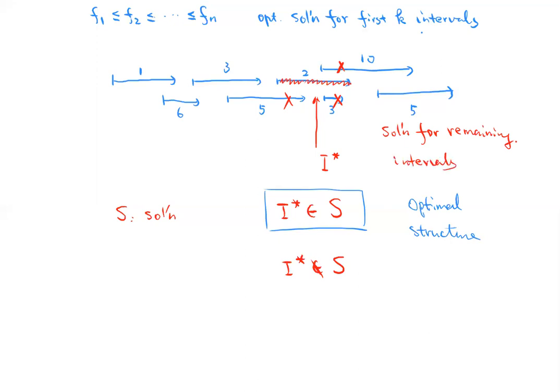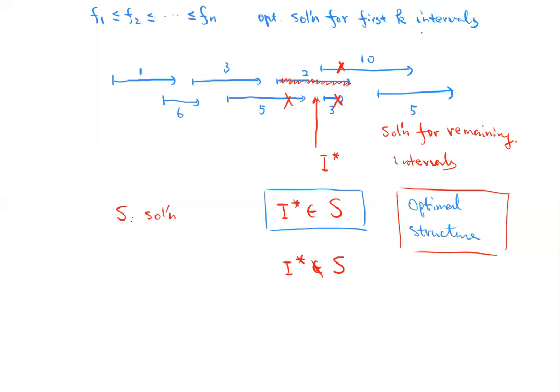So for the solution, any optimal solution for the original problem can be obtained by an optimal solution for the remaining intervals plus I star, if I star is in the solution, right? So that's optimal substructure. Because of this, that suggests dynamic programming works.